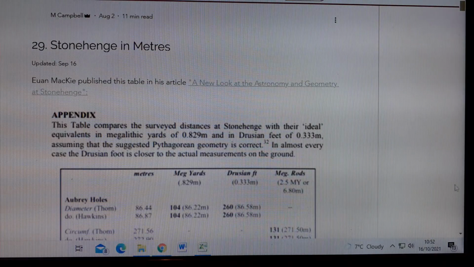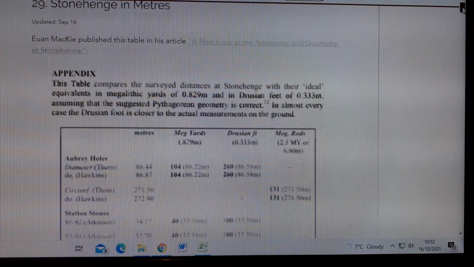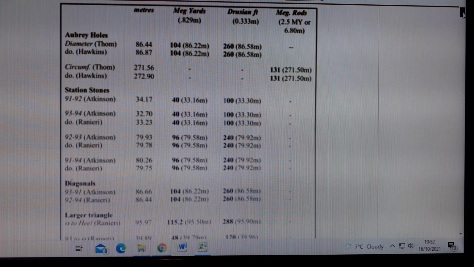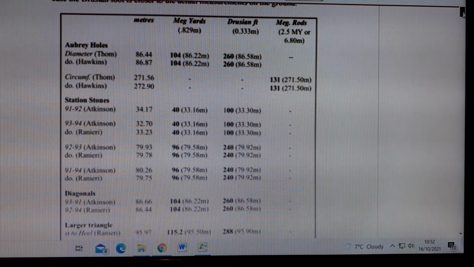And Mac is telling us that in the station stone rectangle there are 104 megalithic yards, which is also the Aubrey hole diameter.